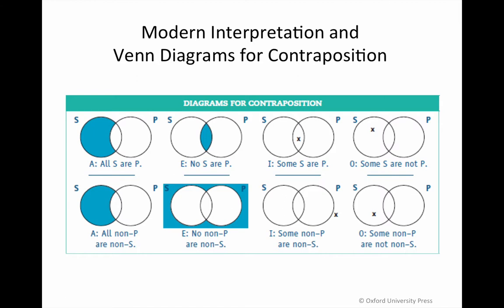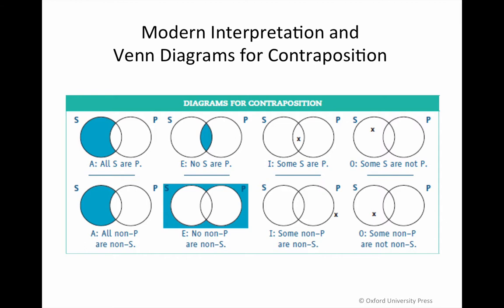And then for each inference, you have on the bottom row the diagram for the result. So the far left, the second from the left, the third from the left, and the far right, those are pairs on the vertical: A to contraposed A, E to contraposed E, I to contraposed I, and O to contraposed O.